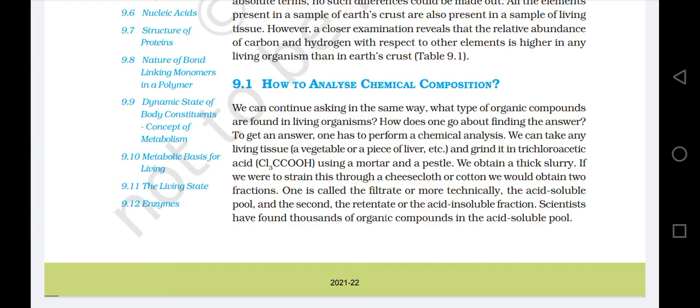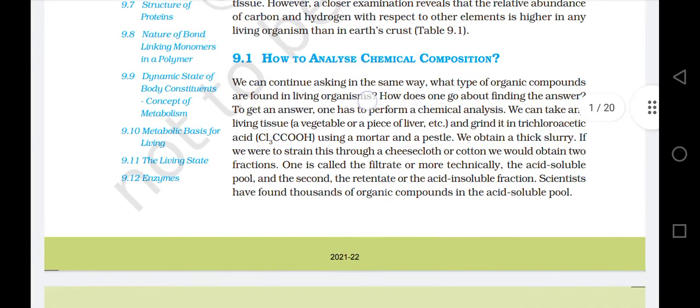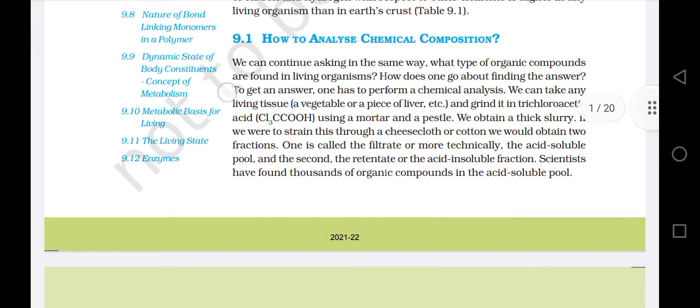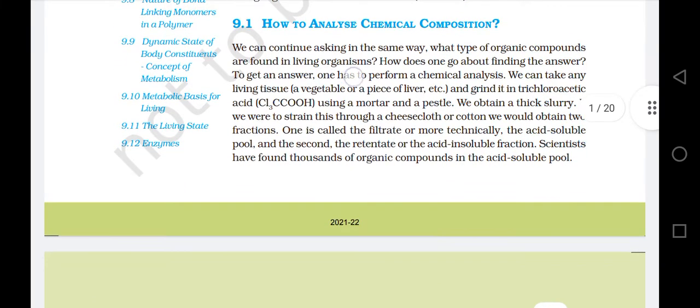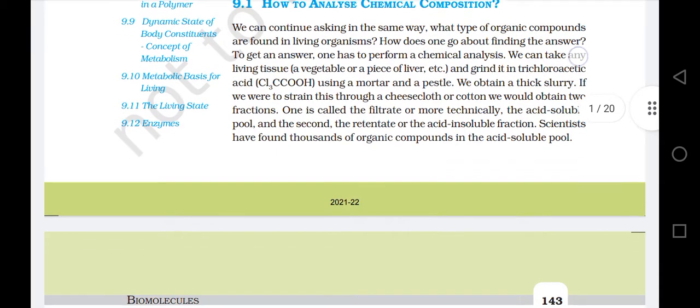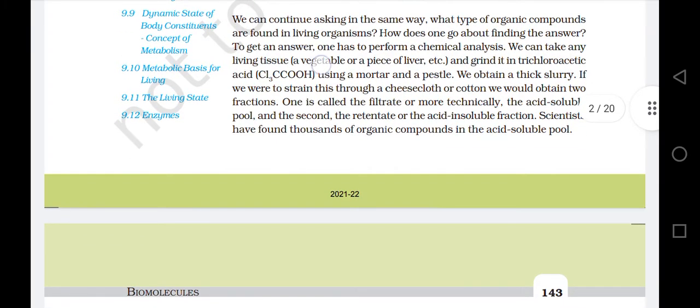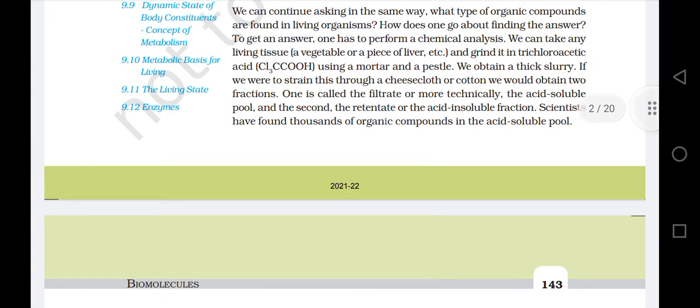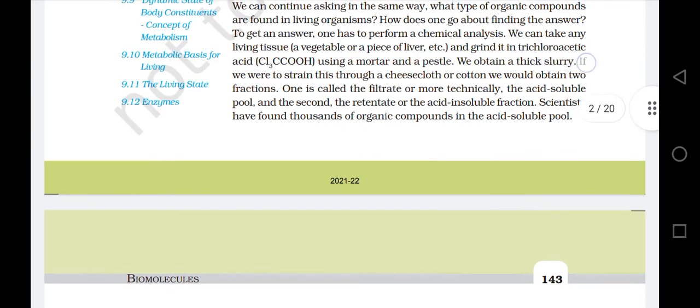We can continue asking in the same way, what type of organic compounds are found in living organisms? How does one go about finding the answer? To get an answer, one has to perform a chemical analysis. We can take any living tissue, a vegetable or a piece of liver, etc., and grind it in trichloroacetic acid, Cl3CCOOH, using a mortar and pestle, to obtain a thick slurry.